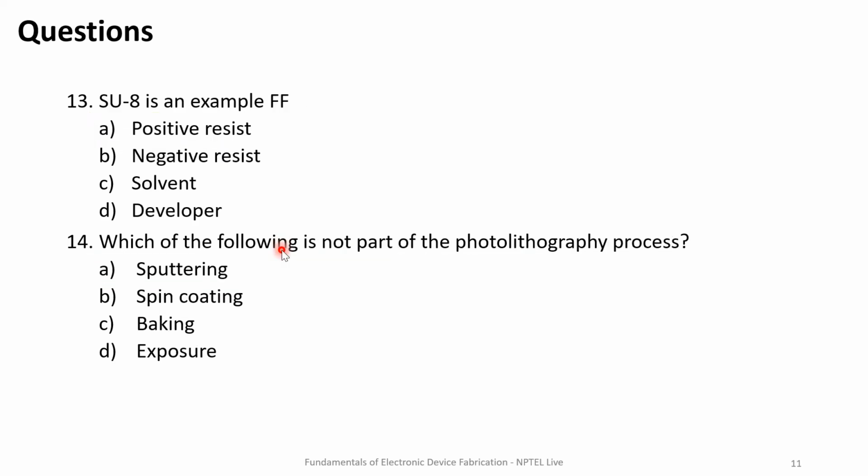So next, SU8 is an example for, this is actually question 4, this is my mistake. SU8 is an example for positive resist, negative resist, solvent or developer. Anybody has the answer to that?